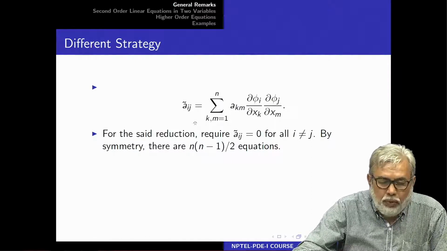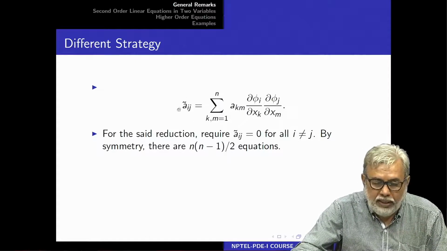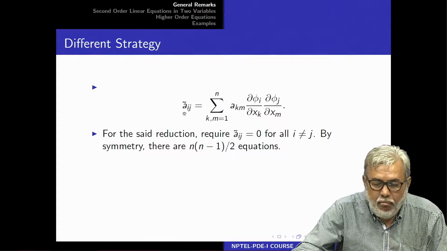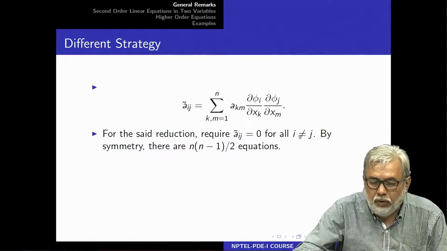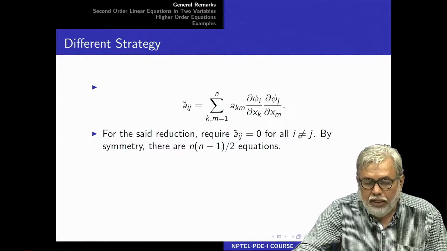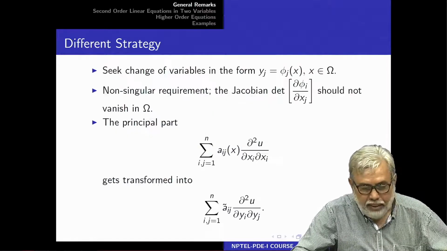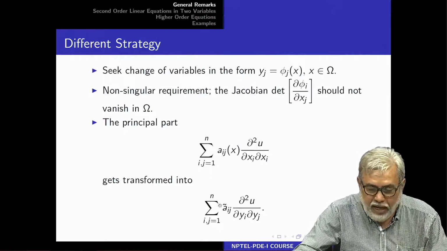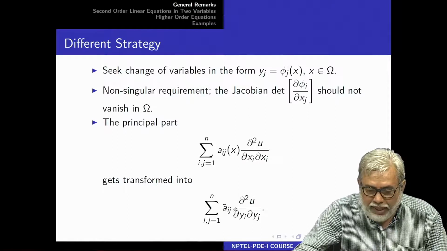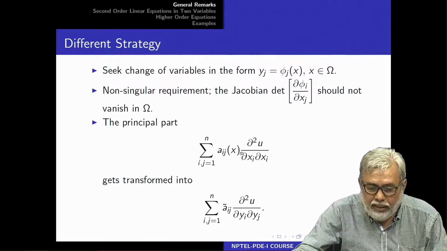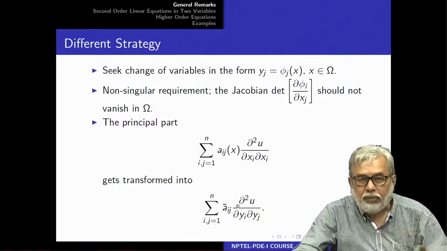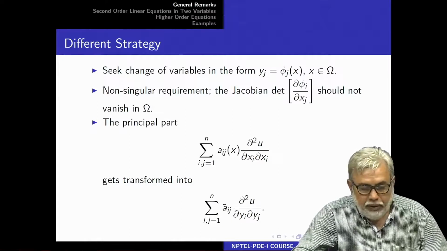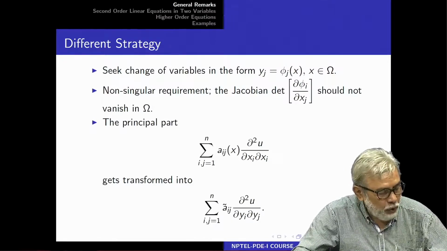Now we want this a_ij tilde to be 0 for all i not equal to j. Just see that. If I make all the mixed derivative terms 0, then this is reduced to a diagonal form, and that is what we want to begin with.